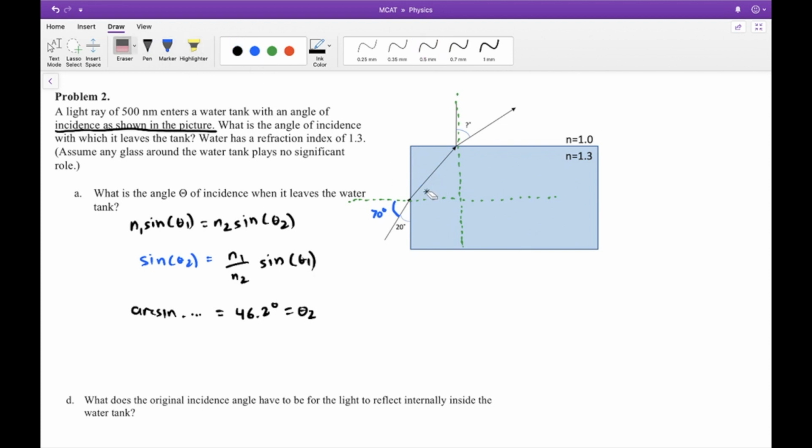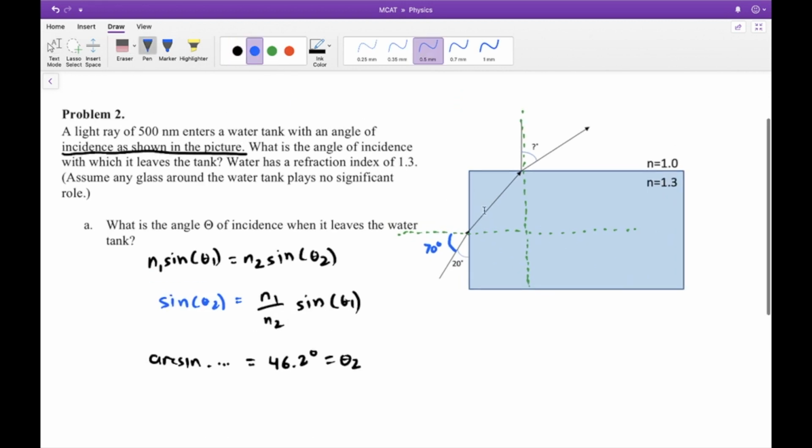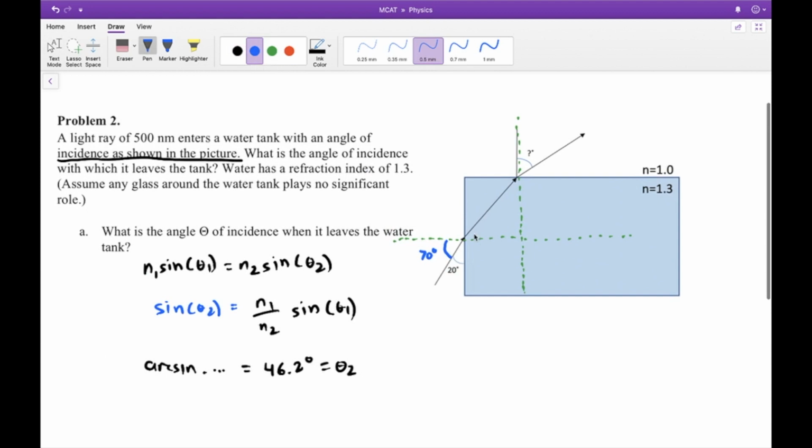Let me see if I can write that in there really small. This should be 46.2. And again, this is another part where students get confused, because they're tempted to use this angle when trying to calculate this angle, but you can't do that yet. You need to find this angle over here. Let's call that theta 3.